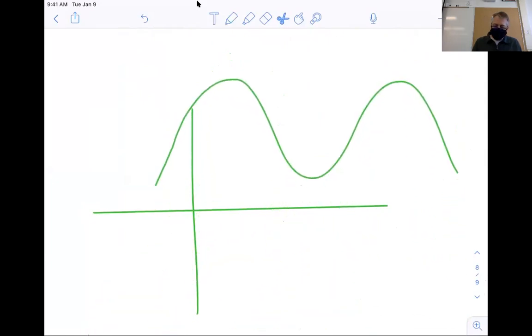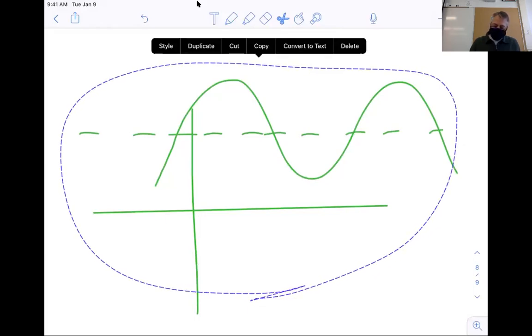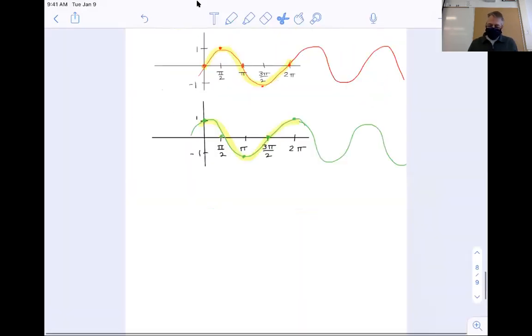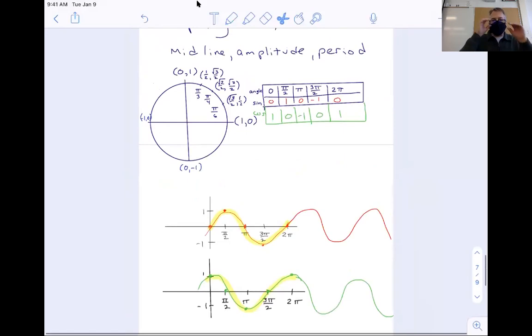But if it's shifted, being able to find what's called the midline is helpful for that vertical shift. So we're going to practice finding that midline for some shifted cosine graphs.